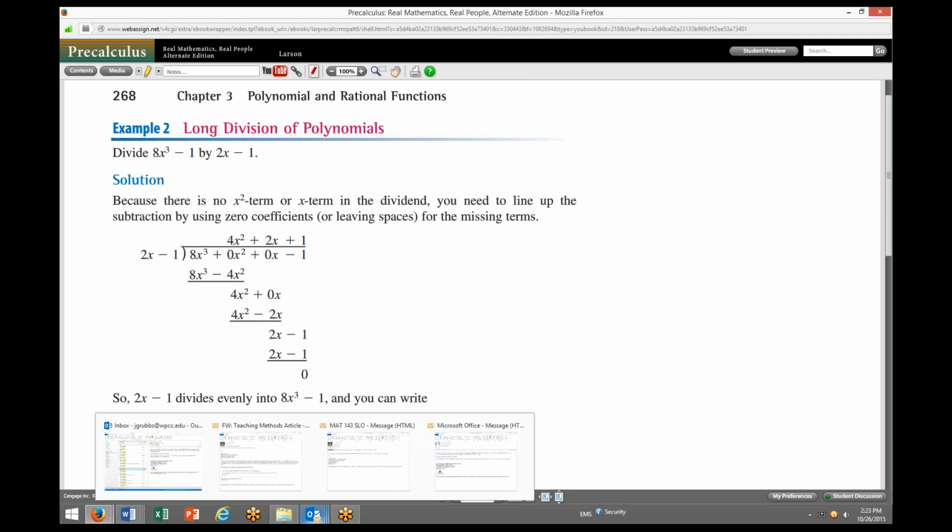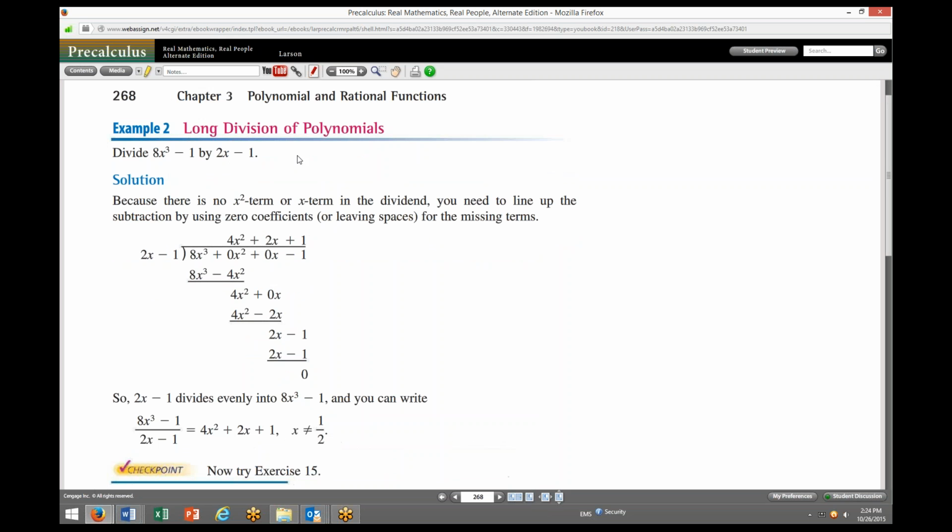If we were asked to divide, as in example 2, 8x to the third minus 1 by 2x minus 1, well, you notice 8x to the third minus 1 has several exponents missing. There's no x squared term and there is no x term. And so what we must do to correctly follow the process of long division is the same thing we used to have to do with numbers.